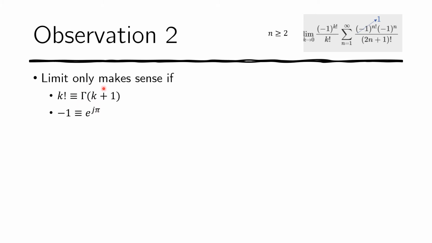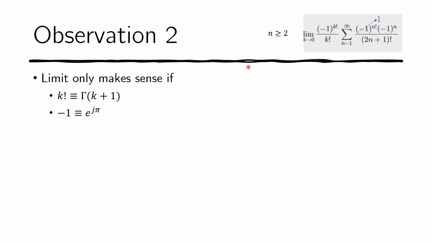By doing this, we are assured that we will have k factorial even for k close to 0, let's say 0.1 or 0.001. This ensures that the expression makes sense for k very close to 0. If we do not impose that, then this limit just does not exist.